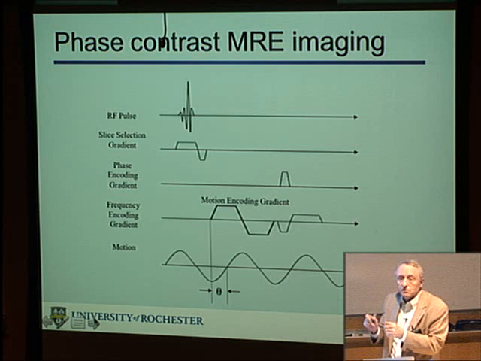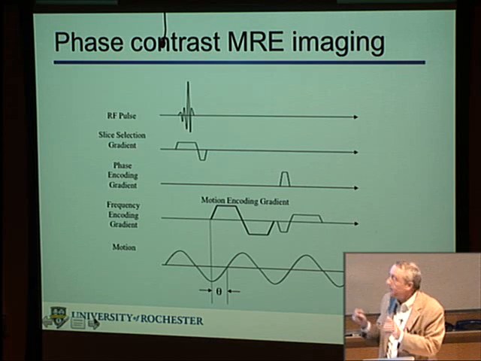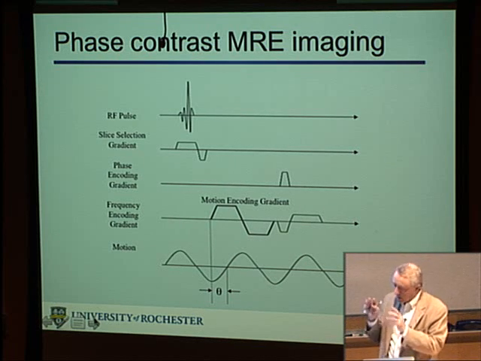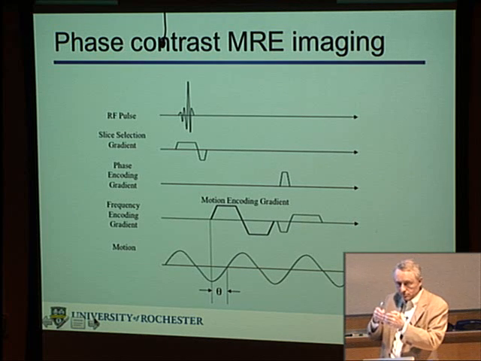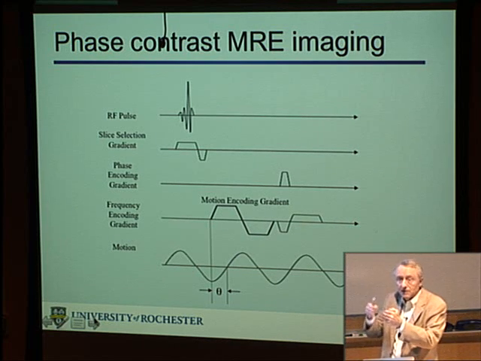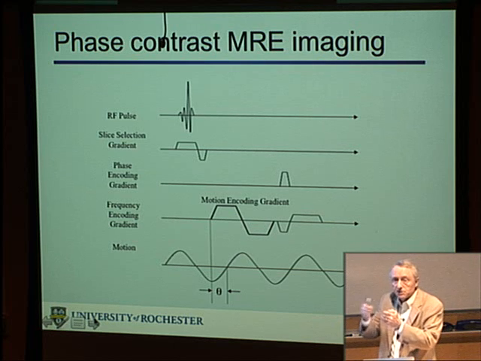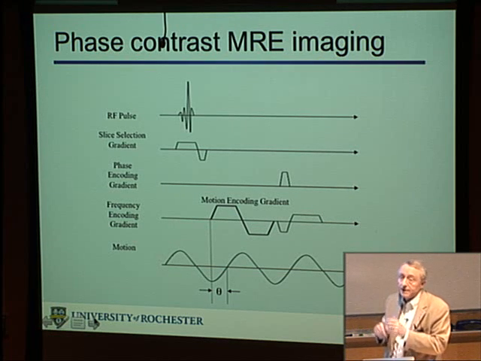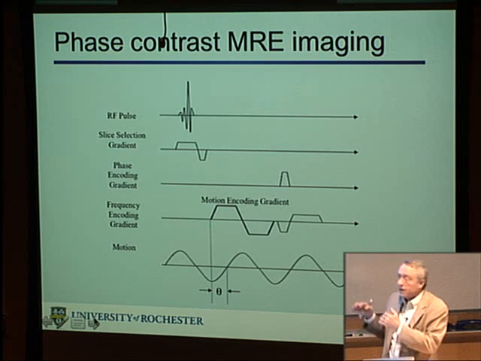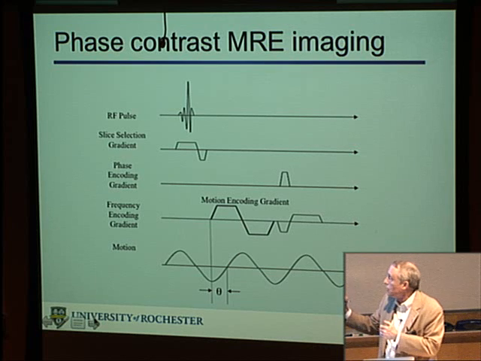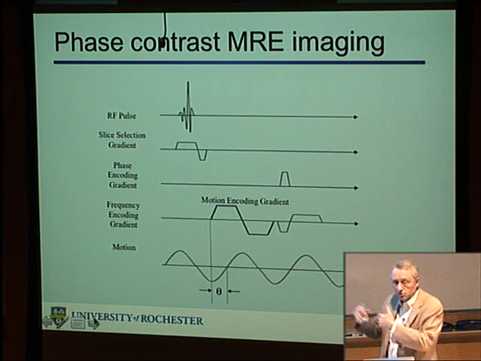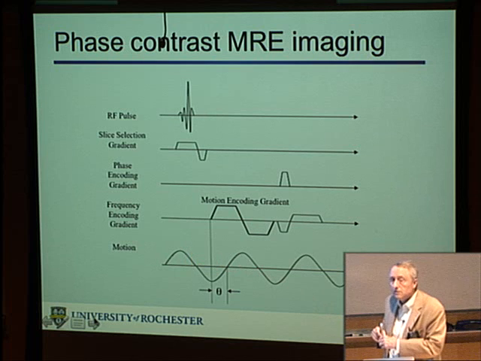And so at the end of the day, you have data that's not T1, it's not T2, and it's not proton density, but it's proportional to the sinusoidal steady state amplitude of the displacement while this was going on. Does that make sense? You're actually coding for motion at a frequency which you know you've put in, because you're putting this shear wave in.